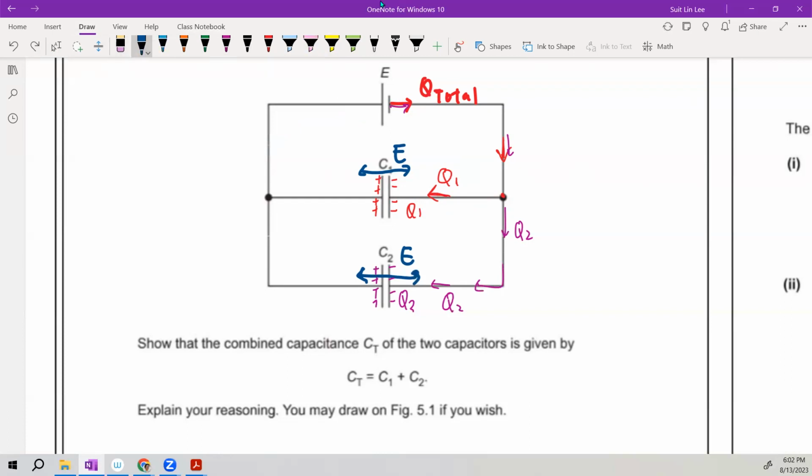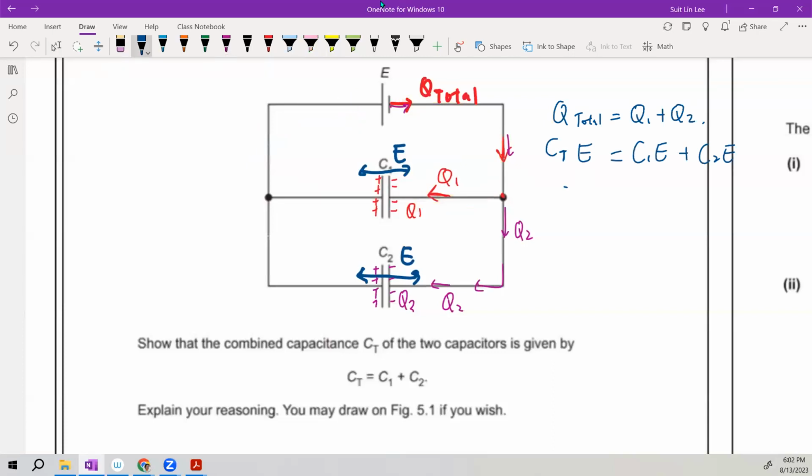So from here, I can write an equation. The total charge is actually equal to Q1 plus Q2. Okay, and I know Q is equal to CV. So the total capacitance CT, and I guess the total voltage is E, is C1E plus C2E.